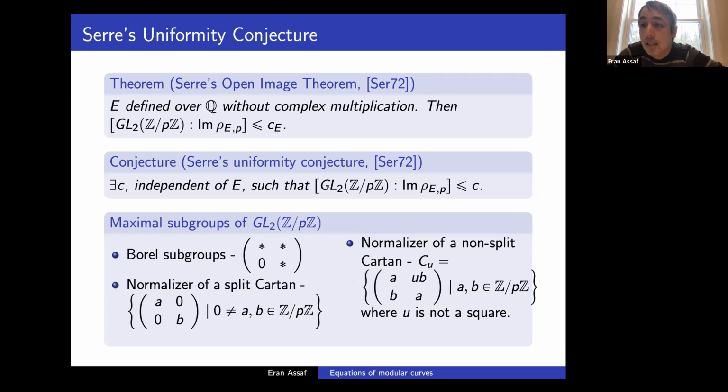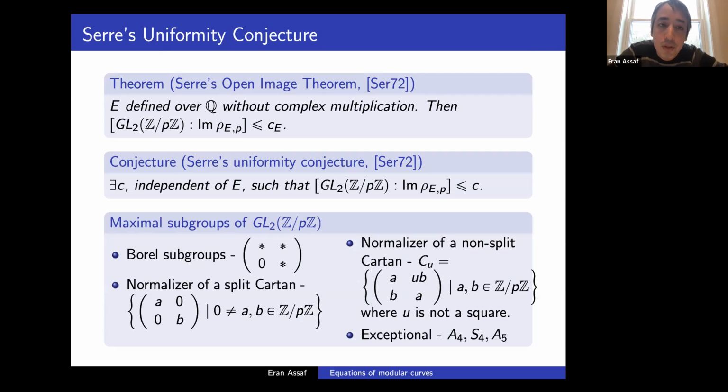This is basically the image of the multiplicative group of the field with P squared elements. When we take the normalizer of this group, we get another maximal subgroup of GL2 Z mod PZ, and all maximal subgroups are conjugate to one of these. Oh, sorry, I forgot, in some cases there are exceptional subgroups. These are specific finite groups that can appear as maximal subgroups in several cases.